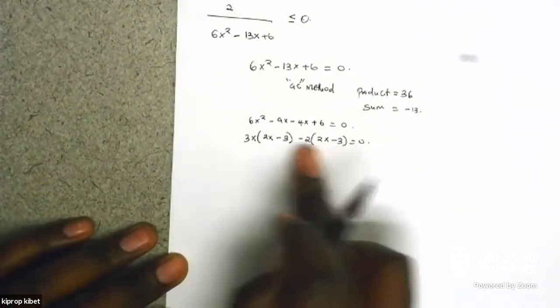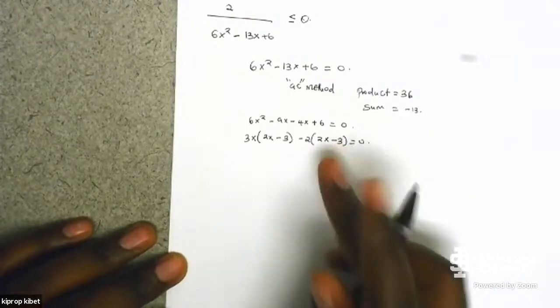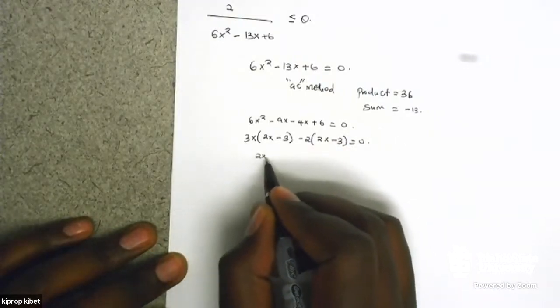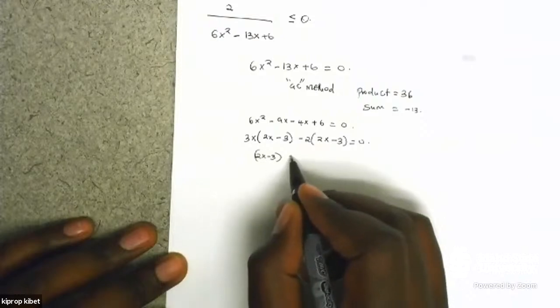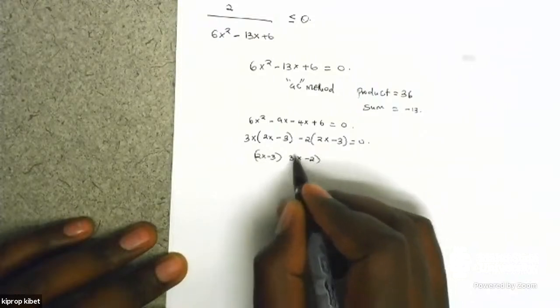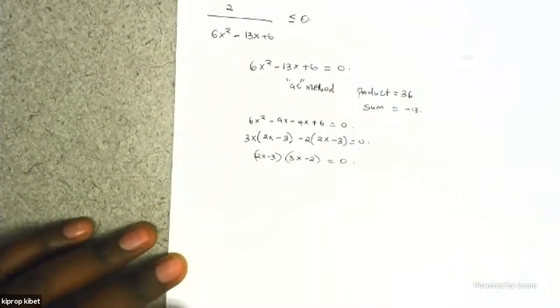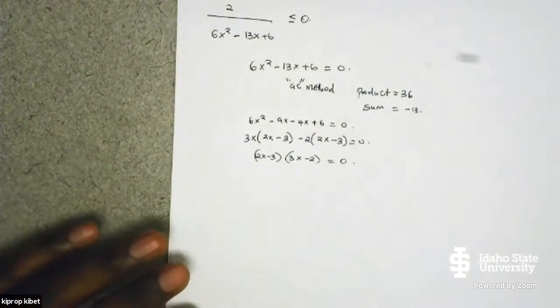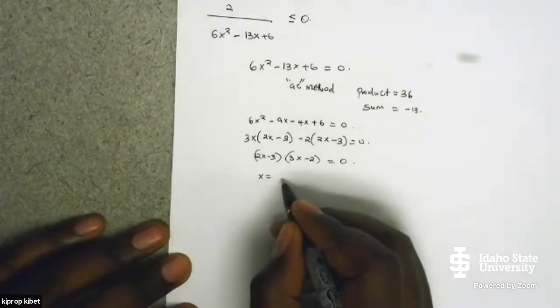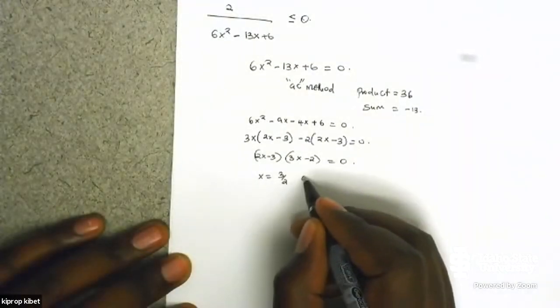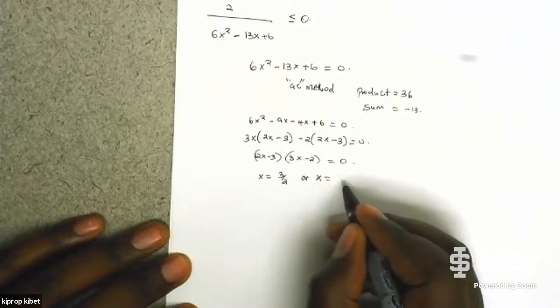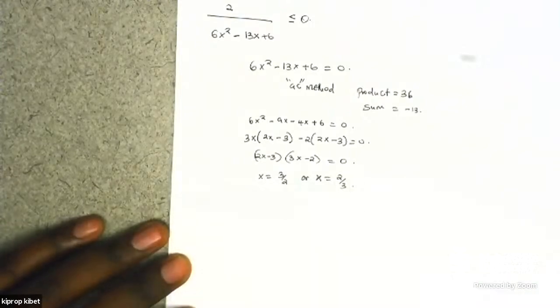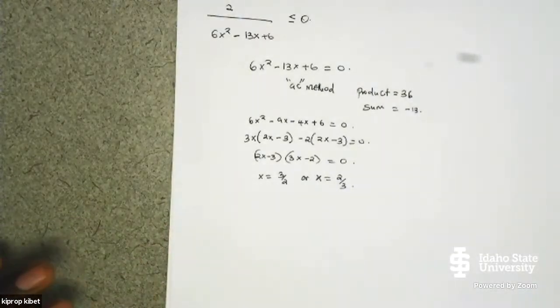And again, we factor out the greatest common factor here, which is 2x minus 3. What remains is 3x minus 2 to be equals to 0. So using the zero product property, our x equals to 3 over 2, or our x equals to 2 over 3.